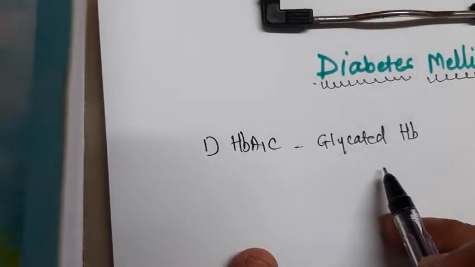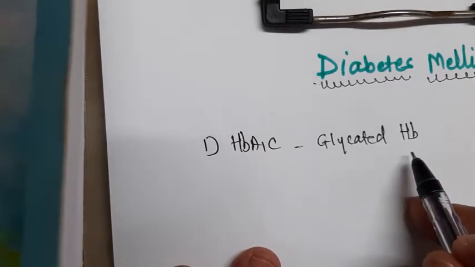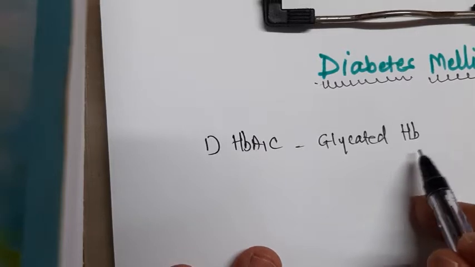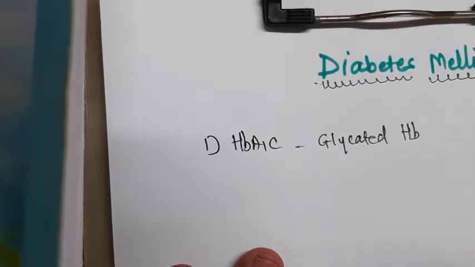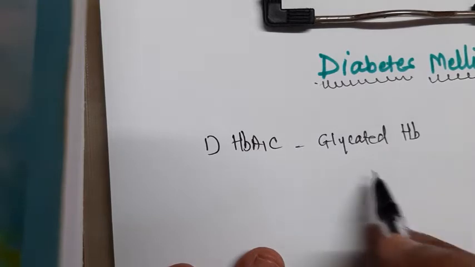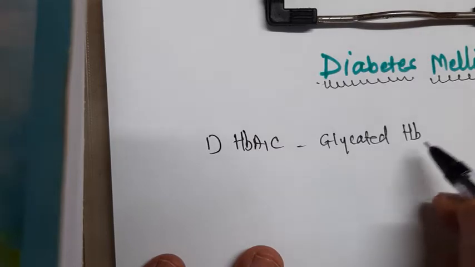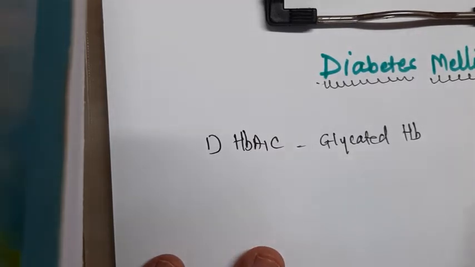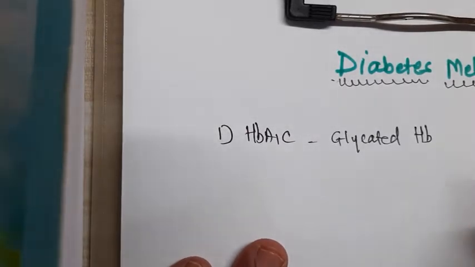That means the chemical combination of the sugar in the blood with the globin, the protein part of hemoglobin. The glucose generally combines with the globin of the hemoglobin, and the percentage of this chemical combination depends on the level of blood sugar in the blood.